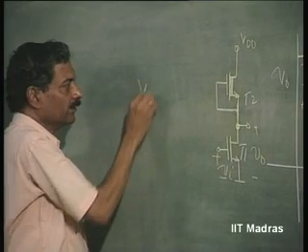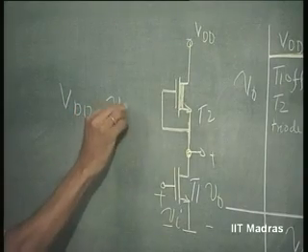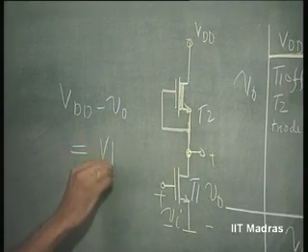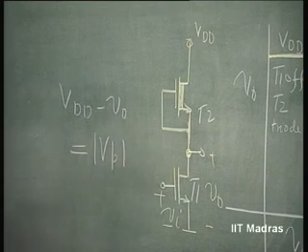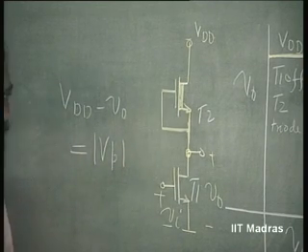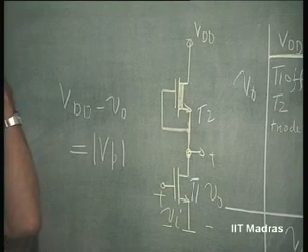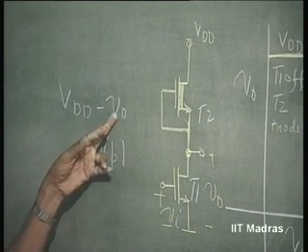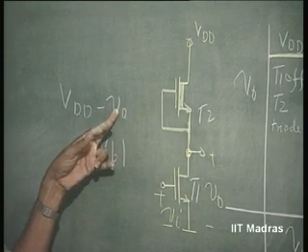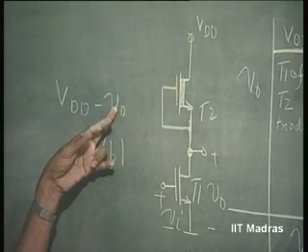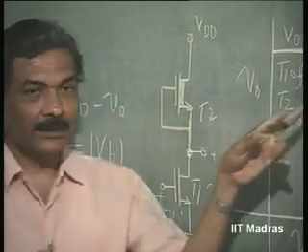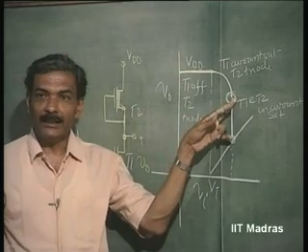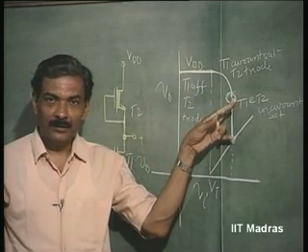VDS in this case is VDD minus V naught, becomes equal to the magnitude of Vp. So, this is the point, that is you can now find out from this the value of V naught at which the transistor T2 is entering the triode region.